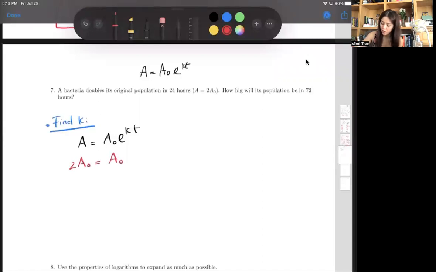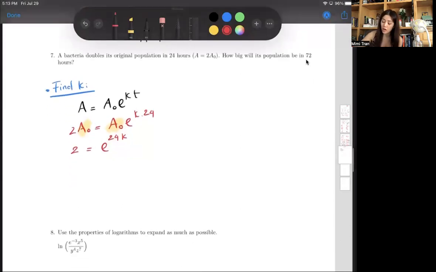Divide both sides by A naught, that cancels, right? So I have 2 equals e^(kt). I need to replace the t with 24 hours. So here's 24k, same thing as k times 24.